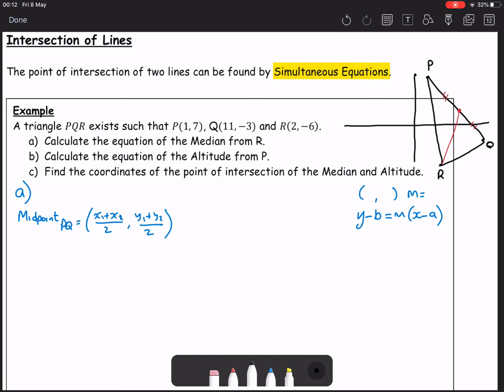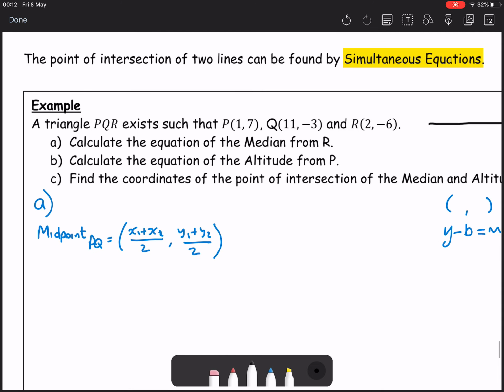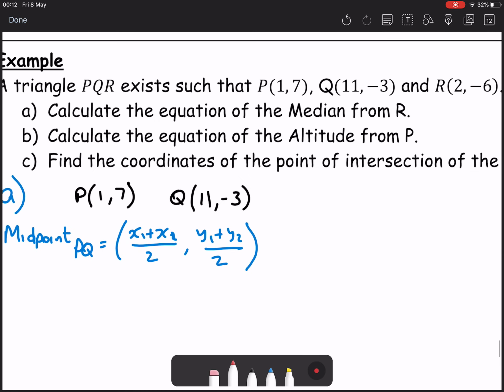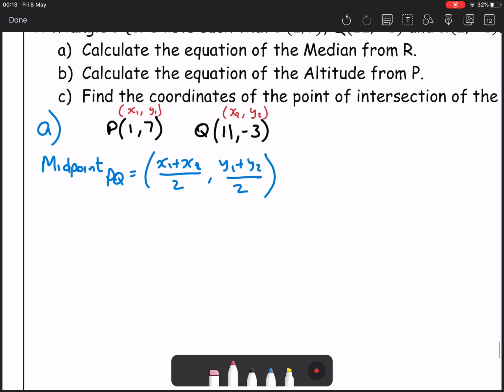Just to give us a wee bit more space within the question, I'm going to copy out the points P and Q. That allows me to label accordingly: x and y my first, x and y my second.